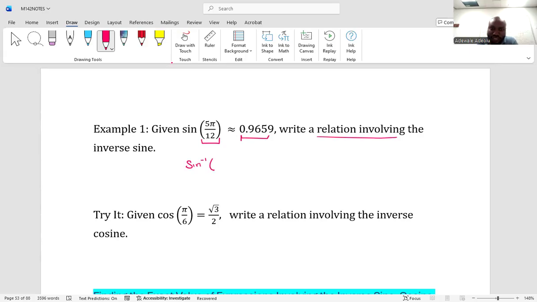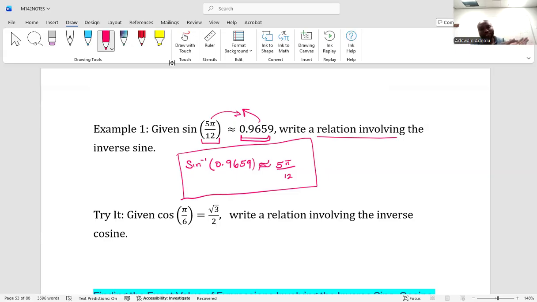So 0.9659 becomes my input for the inverse, and it equals my angle, 5 pi over 12. I hope this makes sense to you, how to move from a trig function to its inverse. So pause this video and try this.